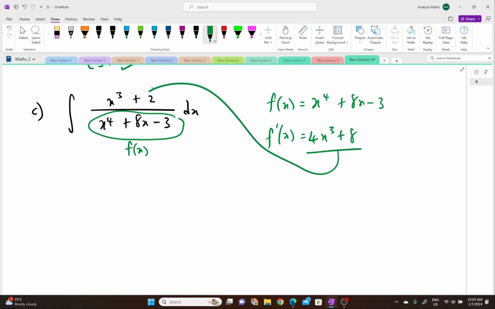Is this here? X cube is there. Okay, x cube is there.